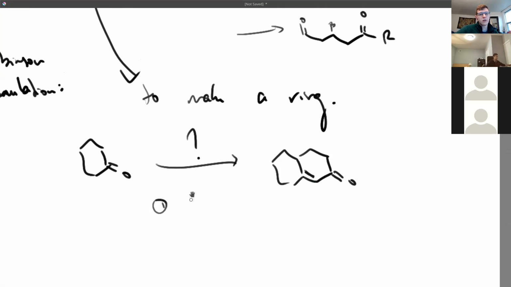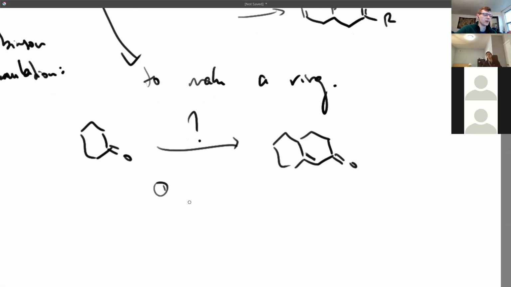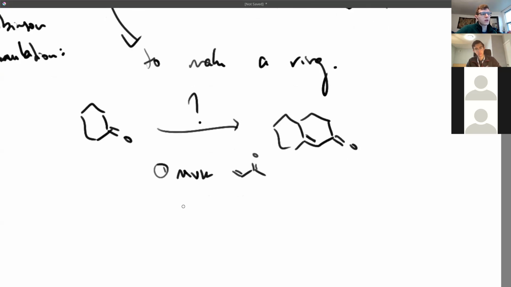So in this case, what you always give it is methyl vinyl ketone, which is this bad boy, and you give it base. And then in step 2, you just heat it.